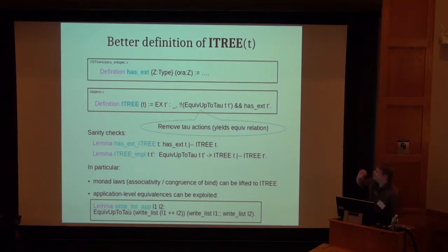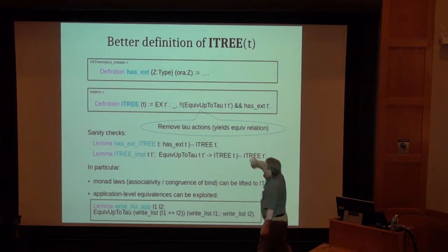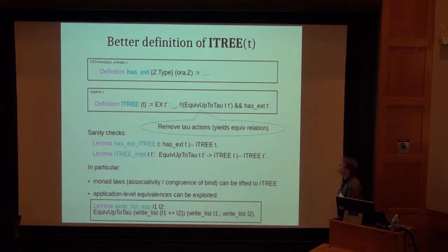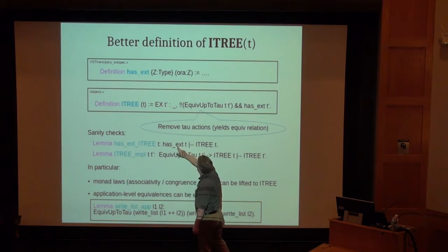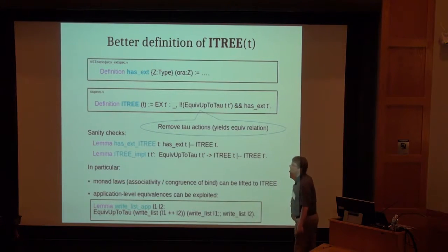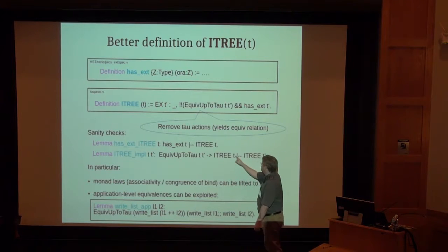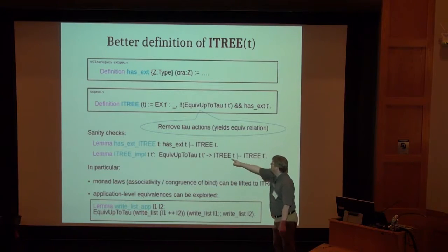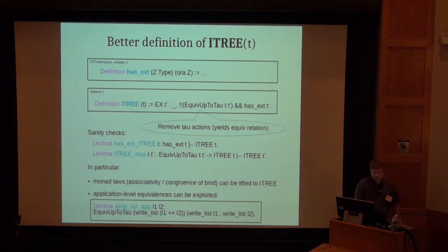That's an auxiliary definition that I don't show explicitly here, but essentially removes tau actions from a tree. And then you can not only validate that you still have this property, because clearly T is up to tau equivalent to itself, but also that you can use this equivalence fact to have an entailment between the embeddings of the trees T and T prime into the logic.